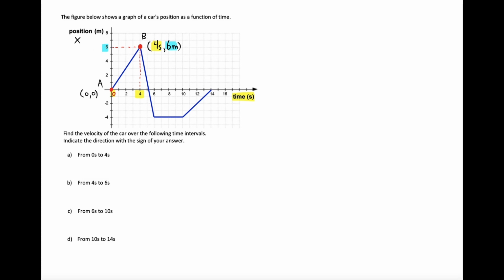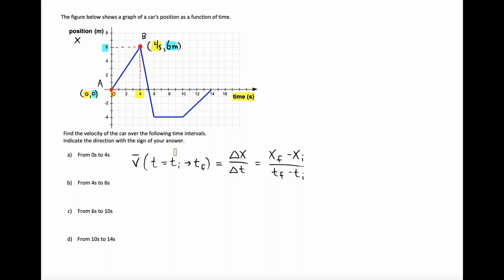So using these points with both the horizontal and vertical components, I can now calculate the velocity of that segment. This is a general formula for velocity.